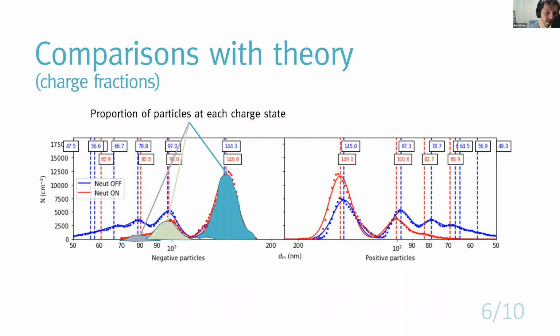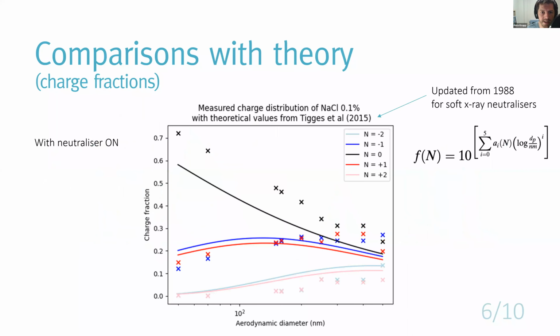So how to compare this with the theory? By looking at the area under the graph, that tells you the proportion of the particles at each charge state. And if I plotted that with the theoretical values, the theoretical values are found from this equation, and this was updated in 2015 for a soft X-ray neutralizer, which is slightly different to how it was done before.